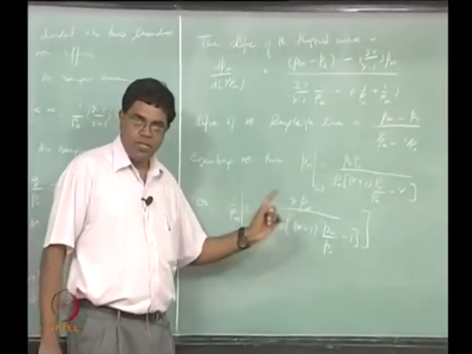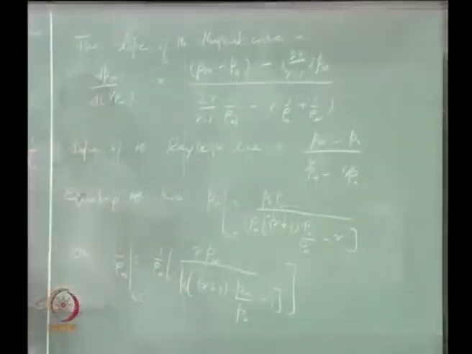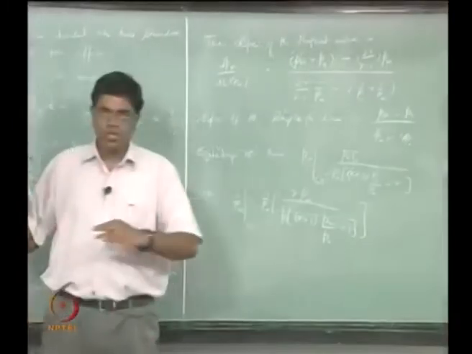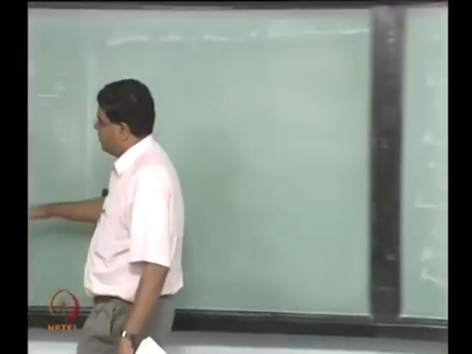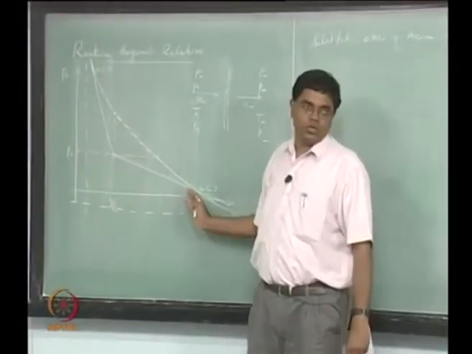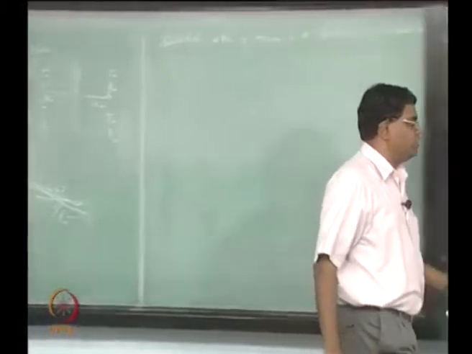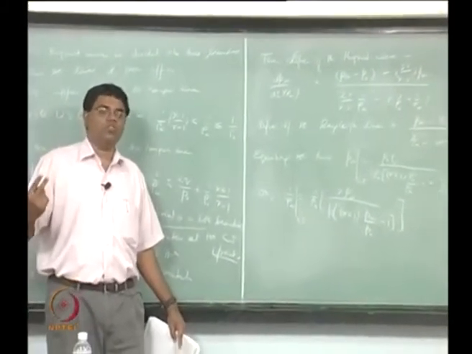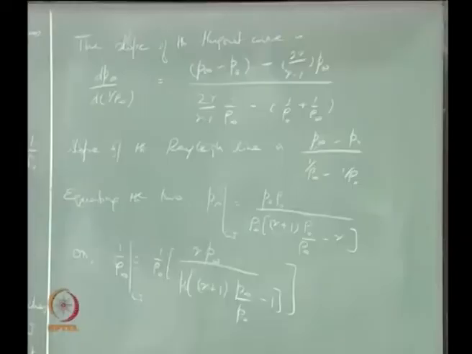Matching the slope simply means that we are just working at any Cj point. It could be the upper Cj point or the lower Cj point. Either of these Cj points, the Rayleigh line is tangential to the Hugoniot. It's not distinguishing between those two, right, and we are therefore looking for two solutions to 1 over rho infinity and P infinity at the Cj points, one of which will correspond to the upper Cj, the other one corresponding to the lower Cj point.